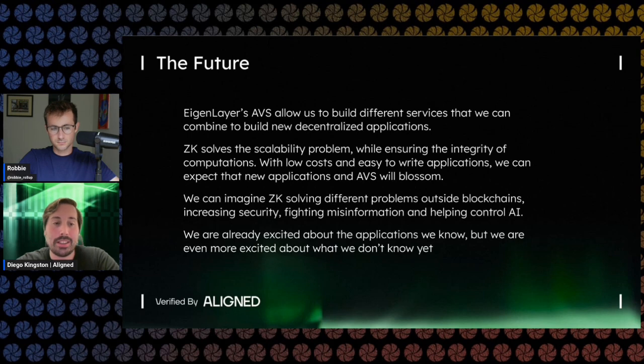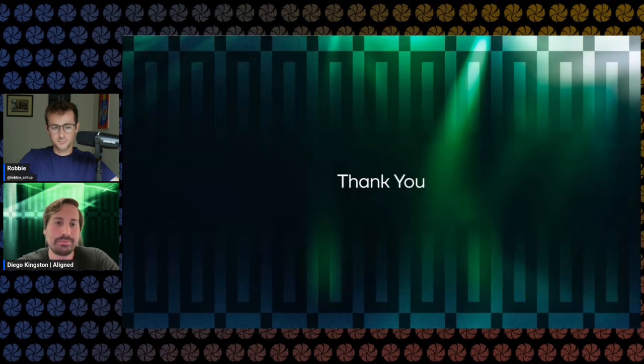But I think that I am a bit more excited about the kind of things I still don't know that are going to happen. I know that we are building all the necessary infrastructure to make new decentralized applications. And I know that a lot of younger and more talented people will find ways of taking advantage of this reduction in costs and development to build the future.